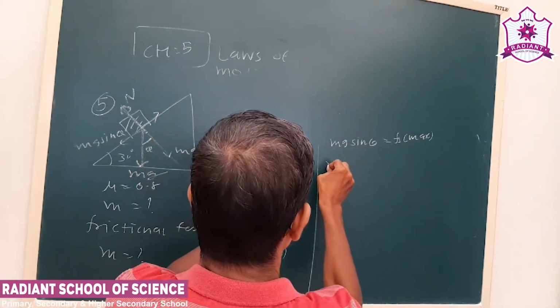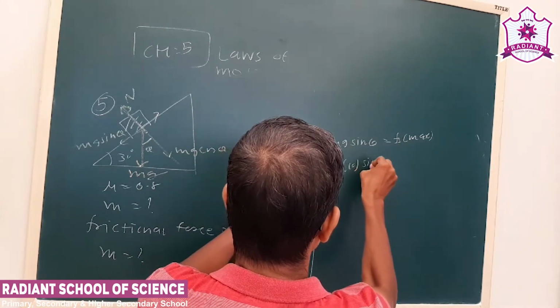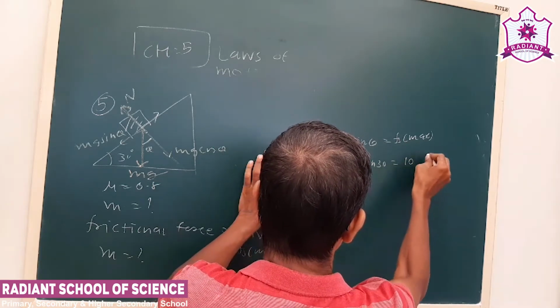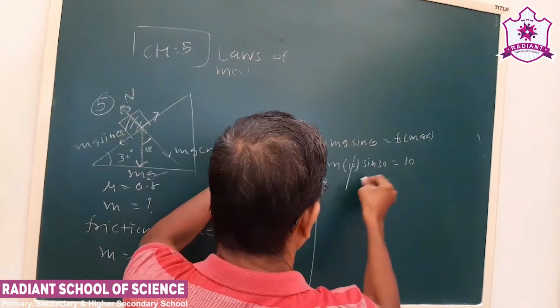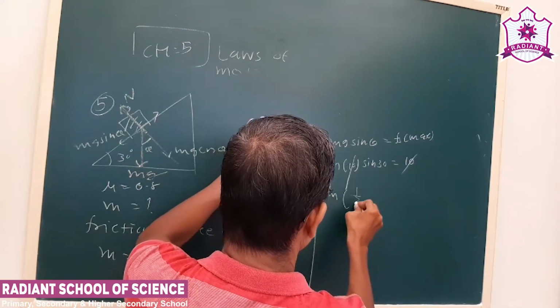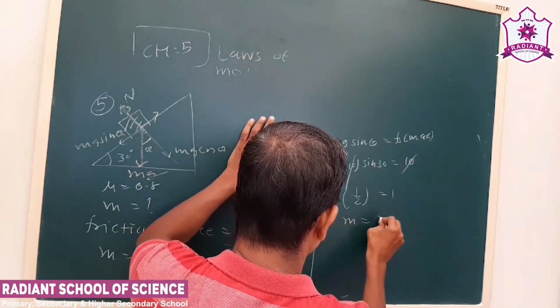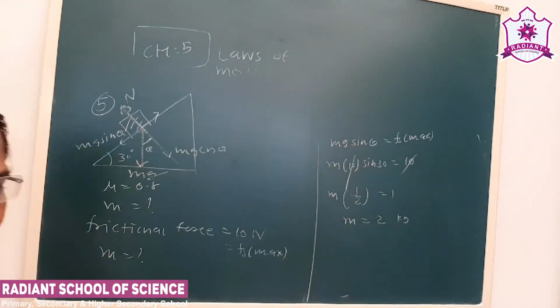Mass we have to find out. G value is 10, sine 30 times that is 10 Newton. Sine 30 is 1 by 2, so the mass of the block will be 2. So here by simple calculation we can solve this.